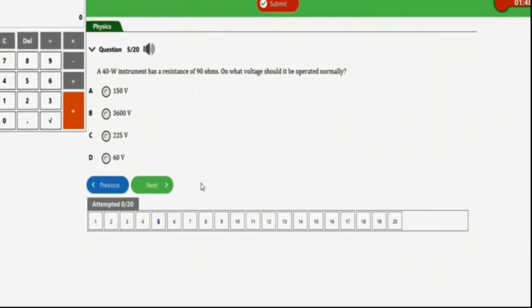The next question says, if the maximum voltage across a 100 ohm resistor is 20 volts, then the maximum power it can dissipate is. In this question we don't have our current involved, so you can still use power equals V squared over R. Guys, take note of this particular formula, very important.